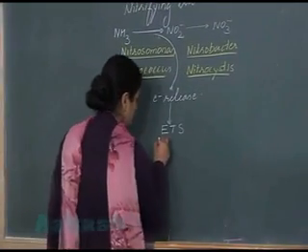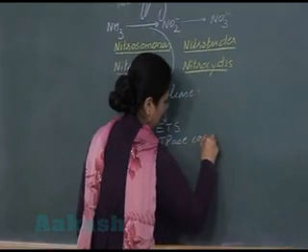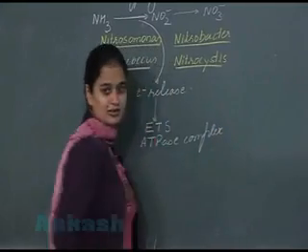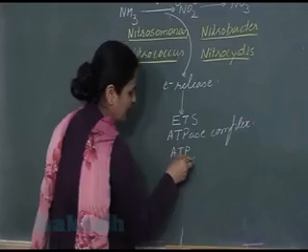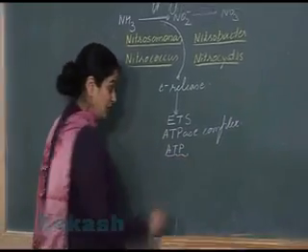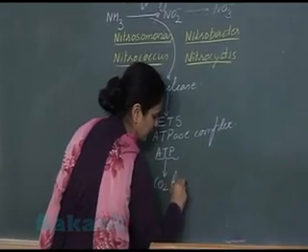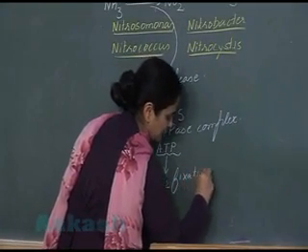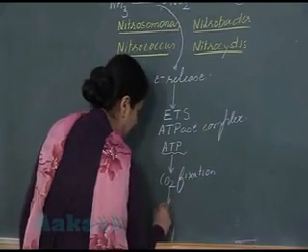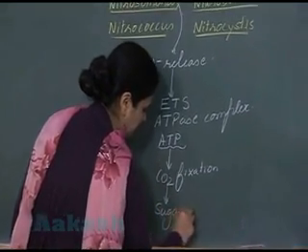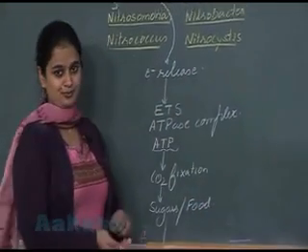And in the electron transport system, with the help of a complex, the name of the complex is ATPase, through this complex there is synthesis of ATP. Now this ATP which is formed is utilized for carbon dioxide fixation. Carbon dioxide fixation will occur, due to which there is synthesis of food, synthesis of sugars.